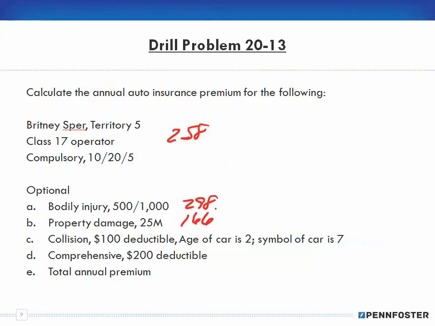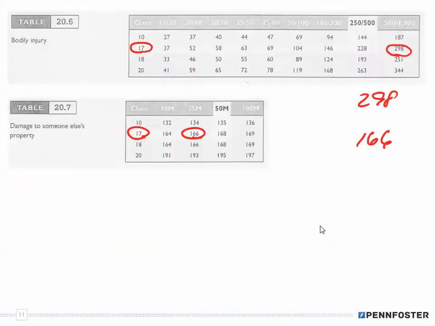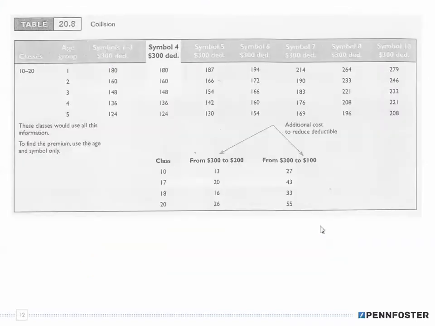Now we come down to our collision. In our collision, we have a $100 deductible, the age of the car is 2, and the symbol of the car is 7. So we come down to our collision chart, and we look under the age group, which is 2, and under symbol 7. That's 190. But we also have a $100 deductible, and we're under Class 17 here.